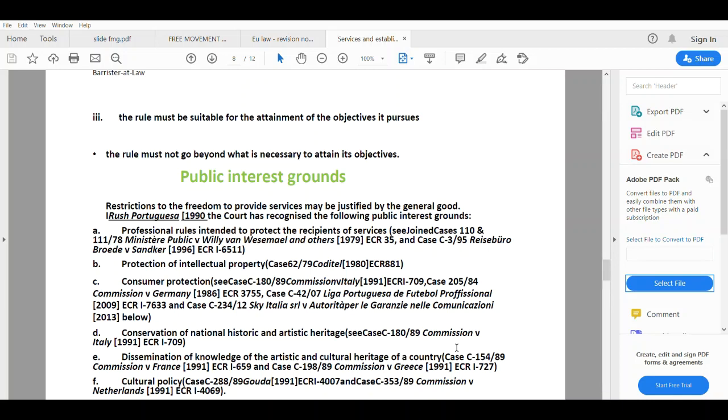The first thing is what are the aims pursued by the member state and what are the means taken for achieving the aim. And if there were less restrictive means of achieving the same aim, then it will be considered disproportionate. You can see the public interest grounds which were created under various judgments of the Court of Justice of the European Union on the slide shared.